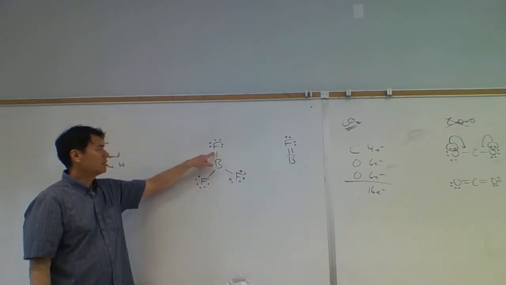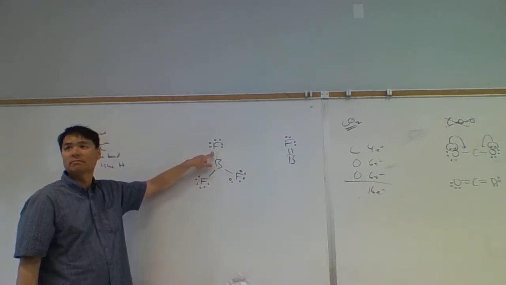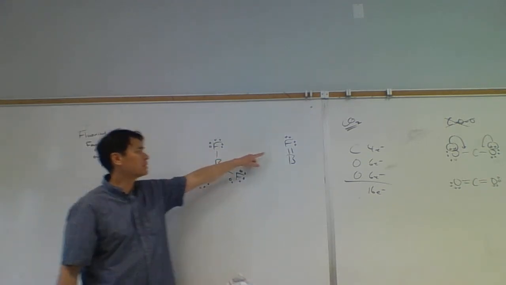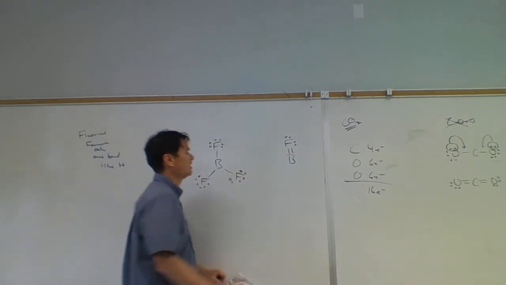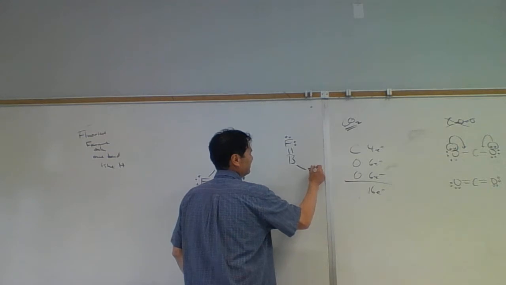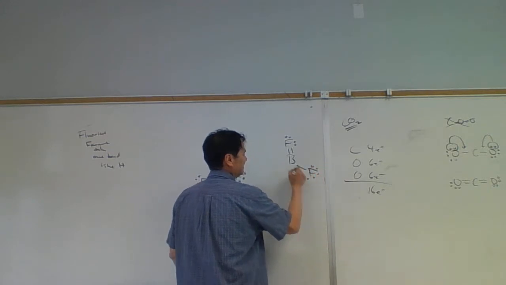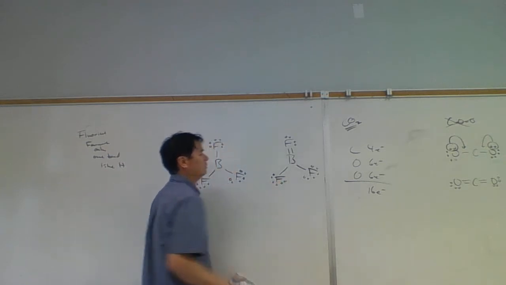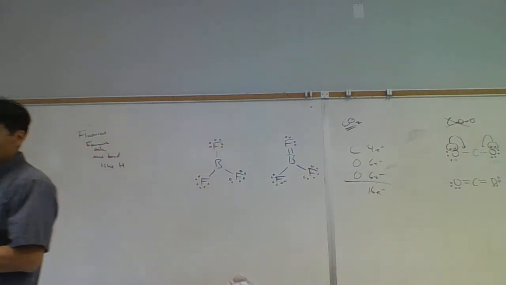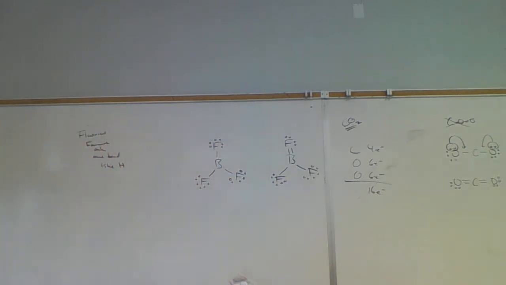Did that destroy the octet on fluorine? No, fluorine still has an octet. Now boron's much happier. And so we can form multiple bonds like this, one to help complete the octets.